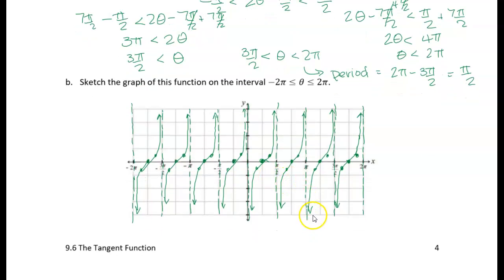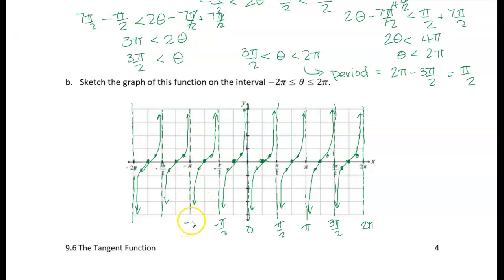So I have one at 2 pi. Well, they're kind of already labeled because they go right through numbers that are already labeled, but I have them at pi over 2, 3 pi over 2, pi. I have pi over 2. I have 0. I have minus pi over 2. Oops, let me go backwards here.